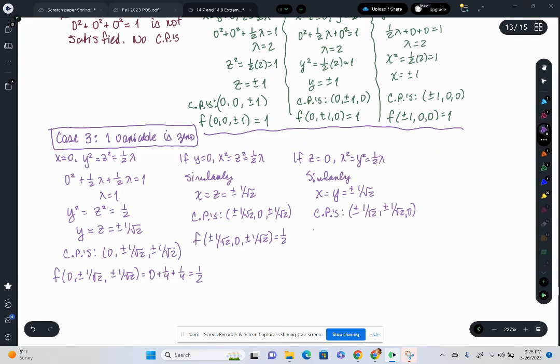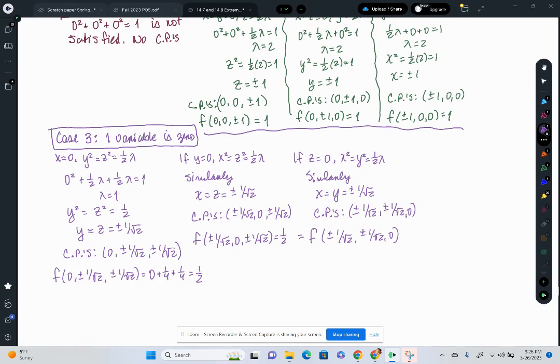And then that 1/2 is also going to be equal to our function value when we evaluate with these numbers. Sorry to gloss over that, but they really are the exact same thing. This happens sometimes when we've got problems with the sum of squares or sum of 4th powers. We end up with so many critical points.